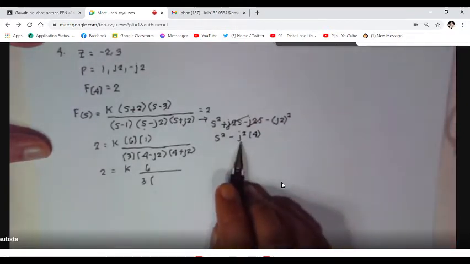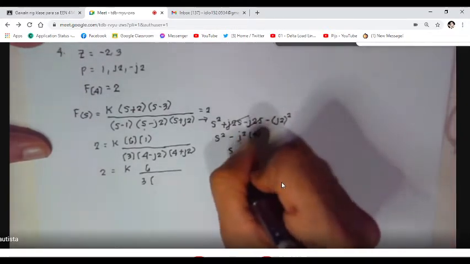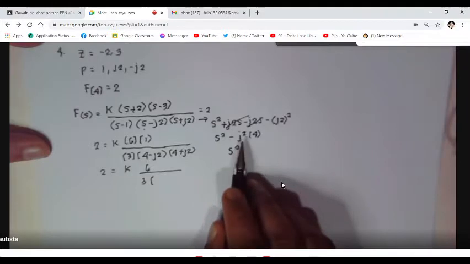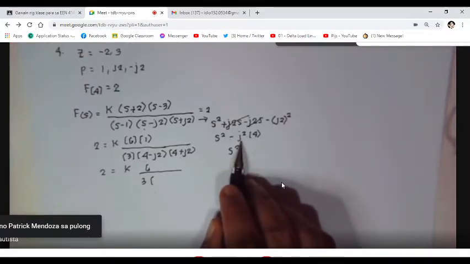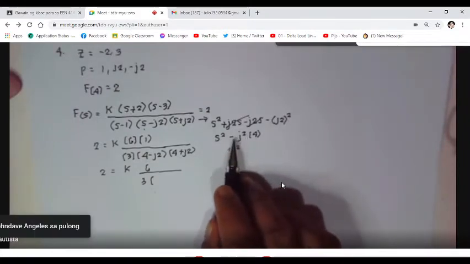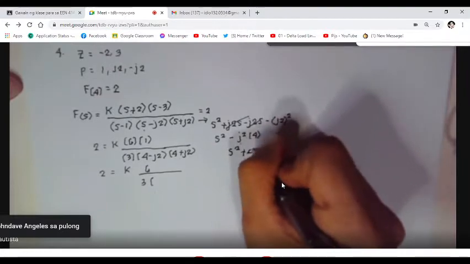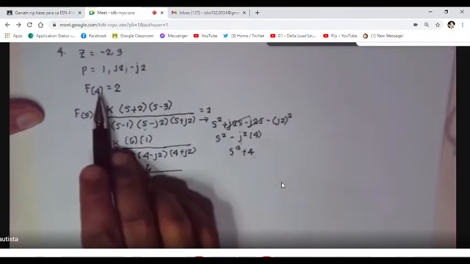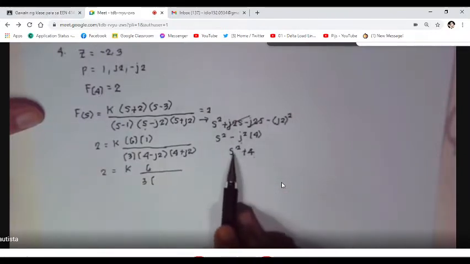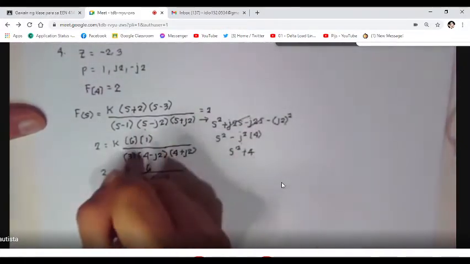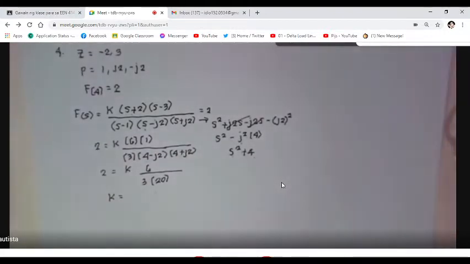But j is the square root of negative 1, so j squared is negative 1. Negative, negative, positive, so plus 4. So this is s squared plus 4. With s equal to 4, 4 times 4 is 16, and 16 plus 4 is 20. Therefore, the value of k is 2 times 3 times 20 divided by 6.